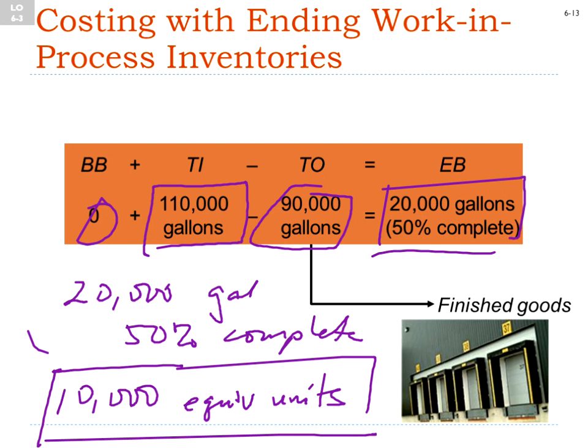We are in Chapter 6, and Chapter 6 tells us that if we have 20,000 units that are only 50% complete, we could have spent our effort on just 10,000 of those units and made them complete. So again, the equivalent of 20,000 gallons that are half complete would be 10,000 units.